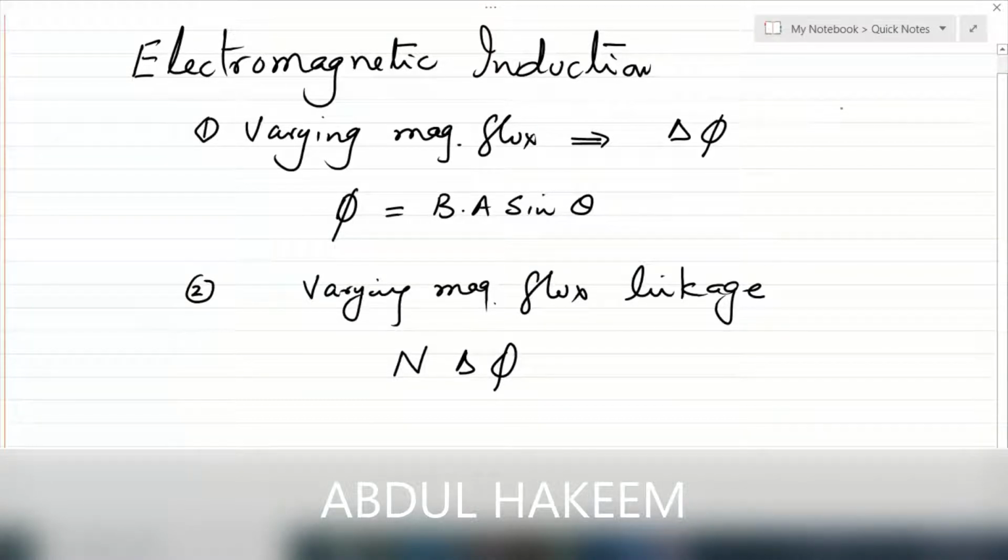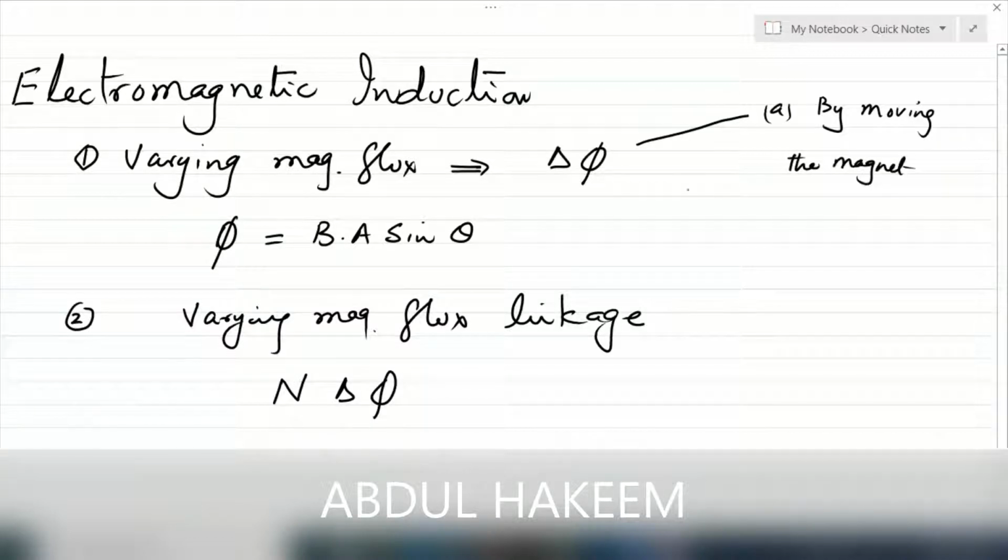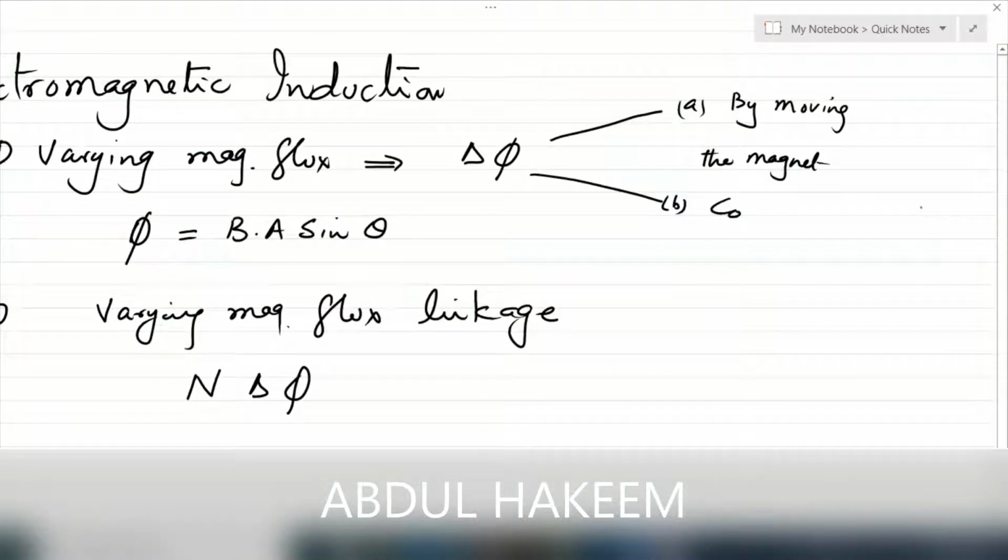So this varying magnetic flux can be produced either by moving the magnet, oscillating the magnet, or by connecting the coil with alternating current.